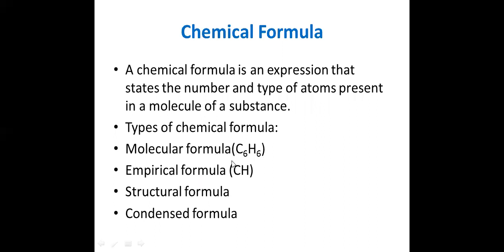About these two formulas, you have already learned in the previous grade 9. Now we have to learn two new types of chemical formulas, and those two types are structural formula and condensed formula.